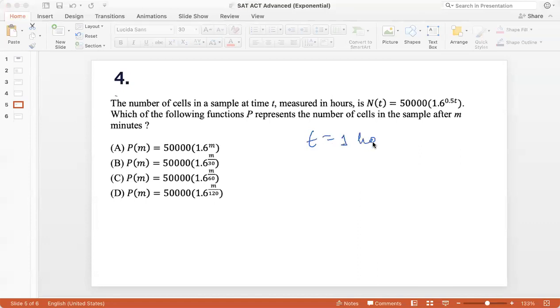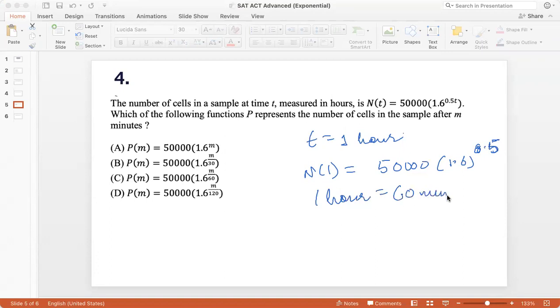t is 1 hour. So N(1) should be 50,000 × 1.6^0.5. This is the number of cells in the sample after 1 hour, right? And 1 hour is 60 minutes.